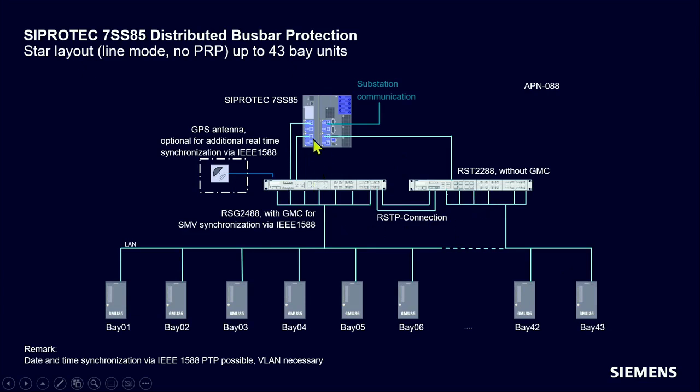In the maximum configuration, each Ethernet PD module can cover up to 16 current transformers. So for 43 bay units, we need 3 PD modules. Each of these 3 PD modules must be connected to the switch, and of course each bay unit must also be connected to one slot in the switch.